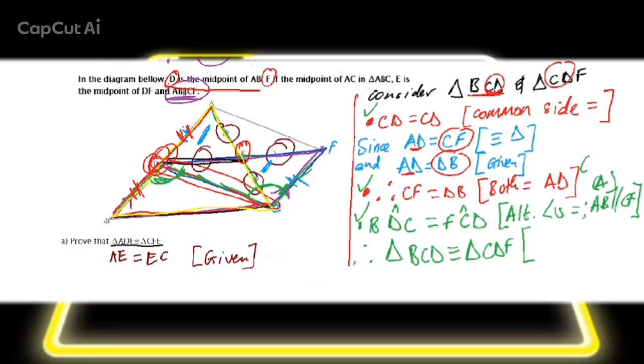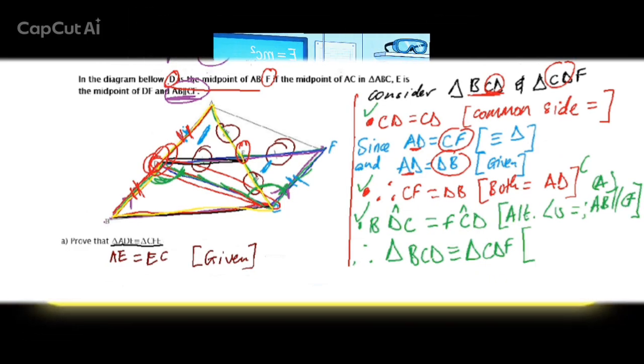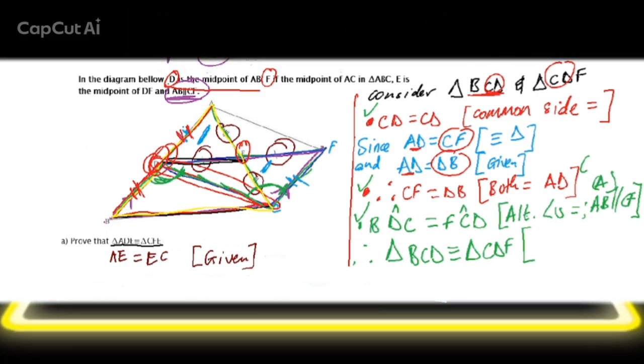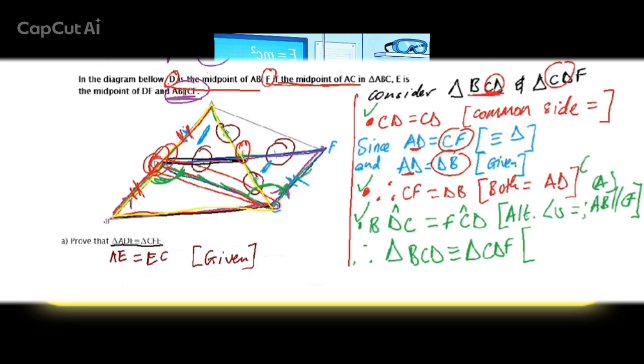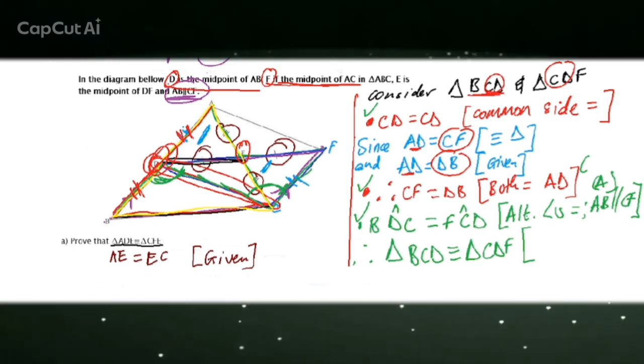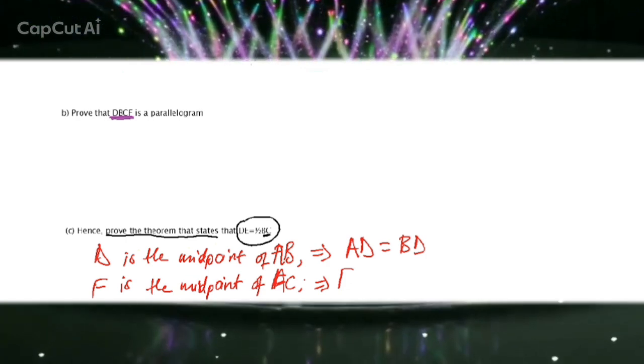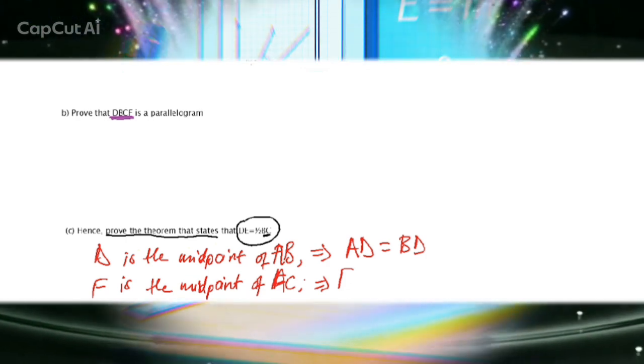Also given that F is the midpoint of AC, this makes AF equal to FC.